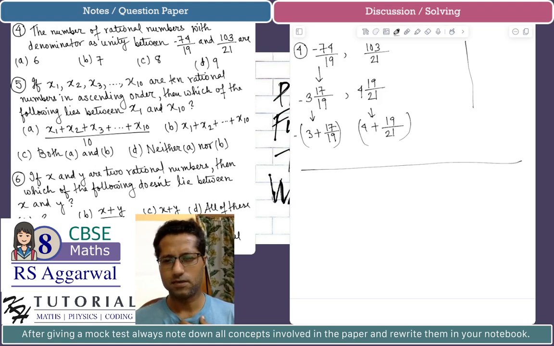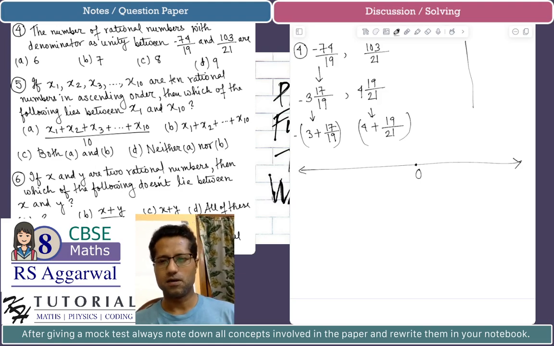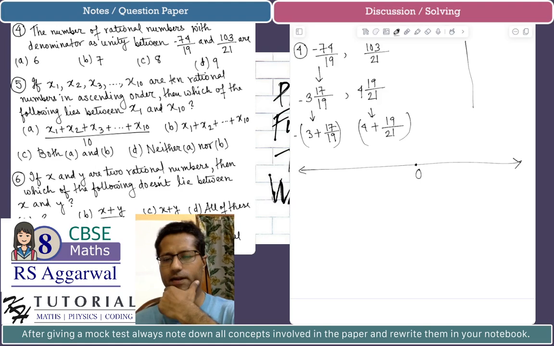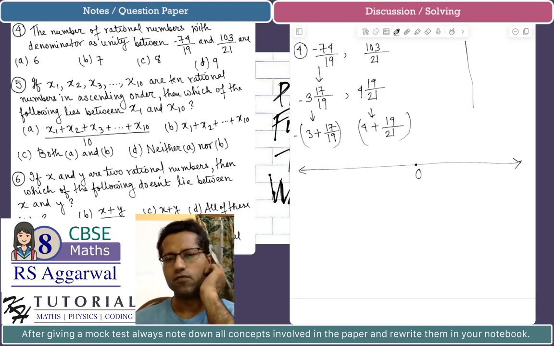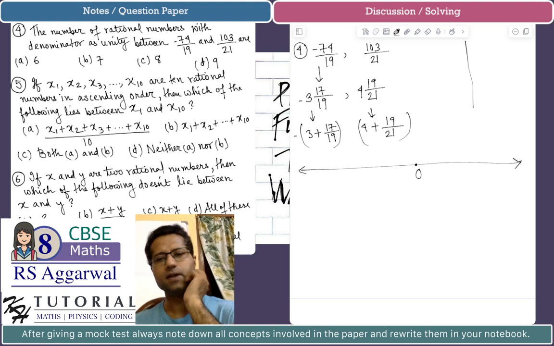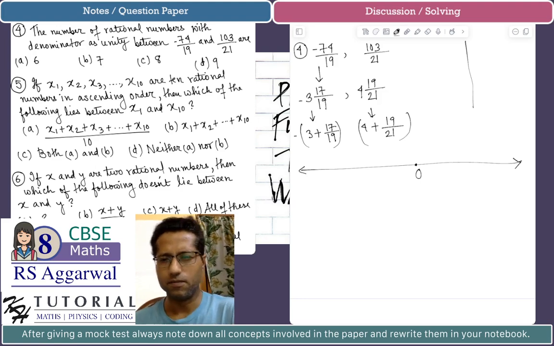If you try to visualize the location of these two numbers on the number line, O is the origin, and 4 plus 19/21. 19/21 is a proper fraction. It is less than 1. So 4 plus 19/21 will be somewhere between 4 and 5. Let's say this is 4, and this is 5.